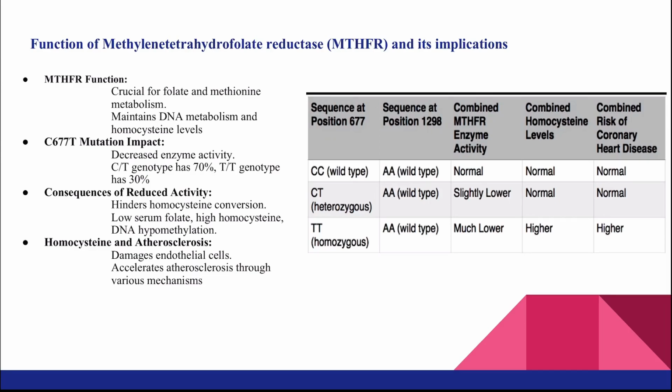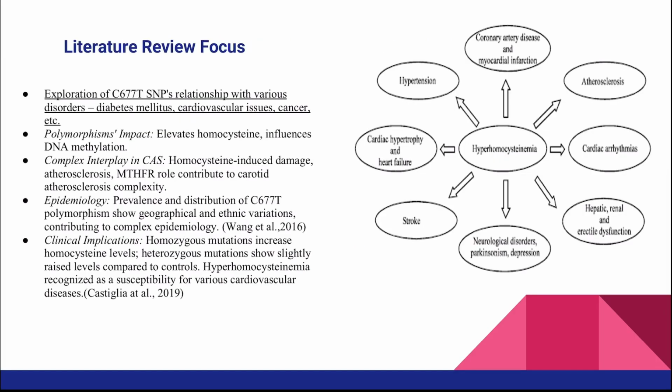So it has been linked to an increased risk of coronary artery disease. Similarly, an increased incidence of coronary heart disease was seen in homozygous individuals, since the enzyme activity is much lower and there are much higher levels of homocysteine in the body.